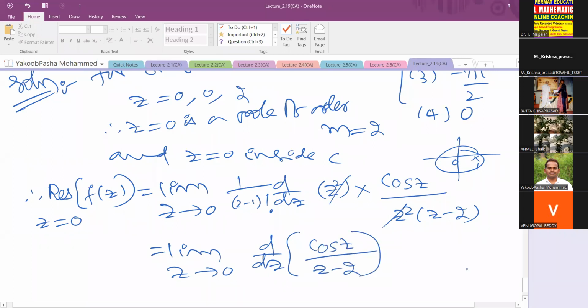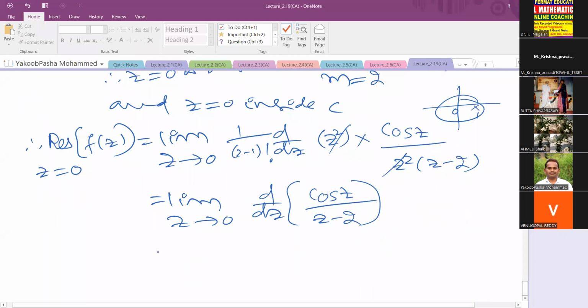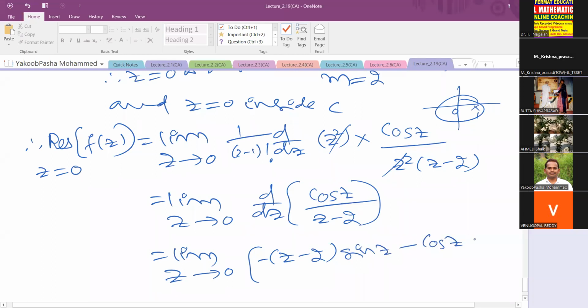Now differentiate by using the u by v formula. So first I am writing limit z tends to 0 of (z minus 2) into (minus sin z) minus cos z into 1, denominator is (z minus 2) whole square.